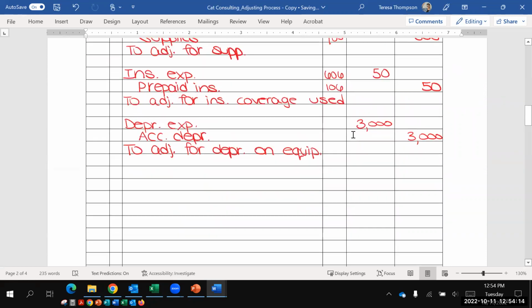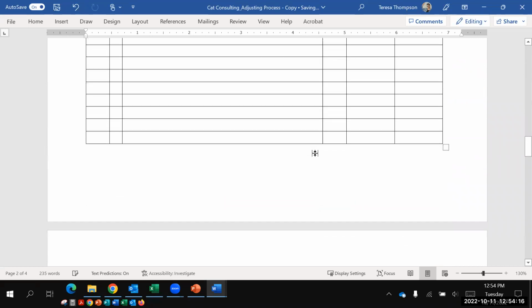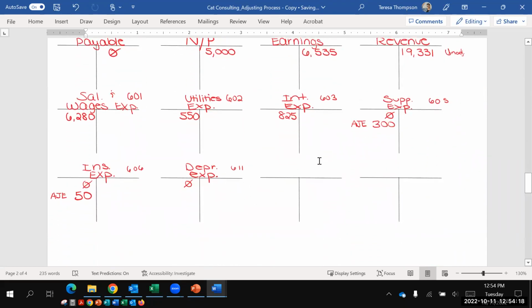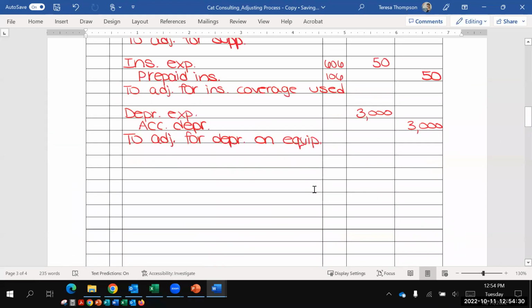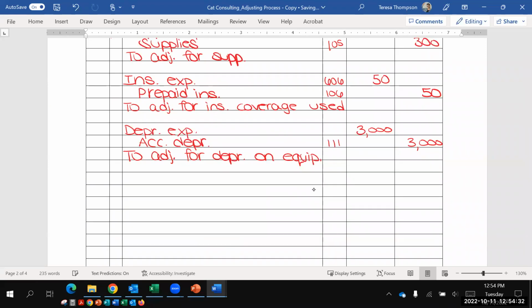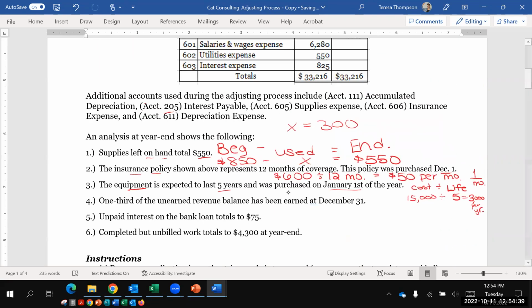Now we post. Depreciation expense, $3,000. And accumulated depreciation, $3,000. Good so far. Great practice for our adjusting entries.